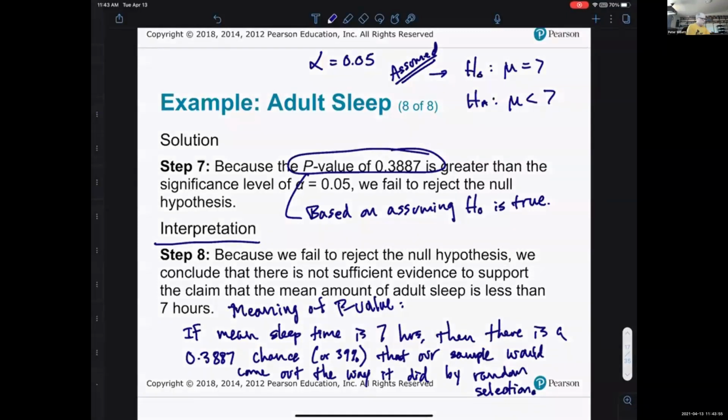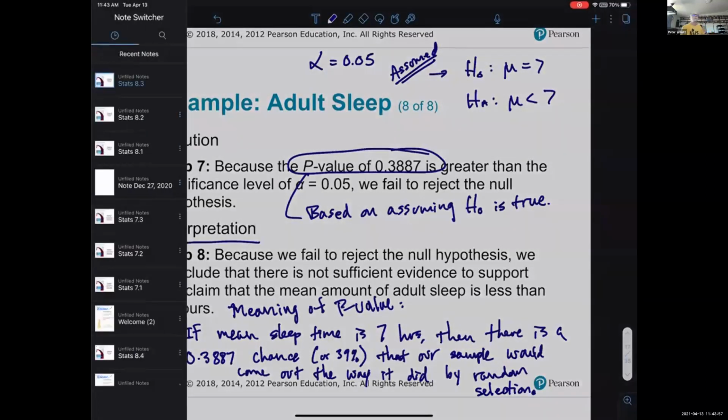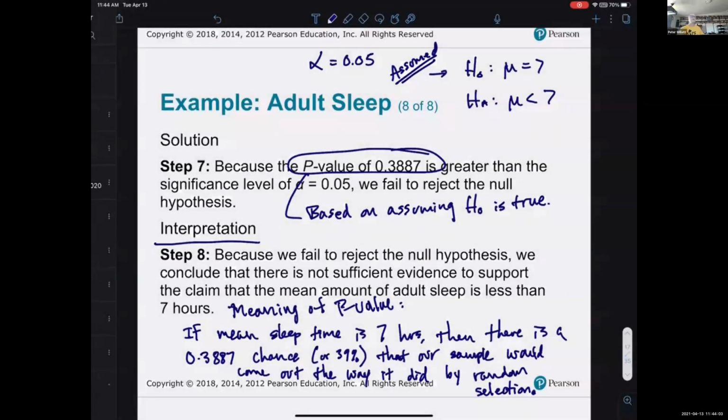So the idea here is that when we get a p-value, it's telling us the probability that our sample would come out the way it did if the null hypothesis were true. So in this case, there's almost a 40% chance, if the average amount of sleep that people get is 7 hours, that you would get the sample the way you did, just by randomly picking people.